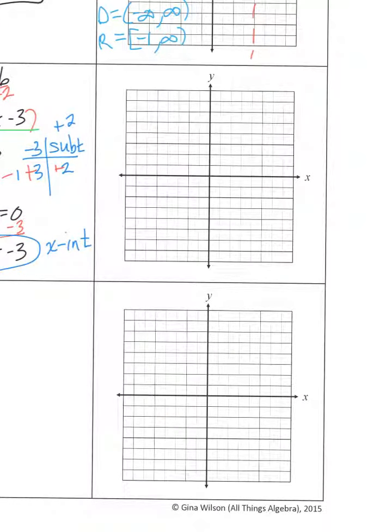So my vertex was (-1, 8). My axis of symmetry goes through that vertex. My x-intercepts were -3 and +1. My y-intercept was (0, 6).